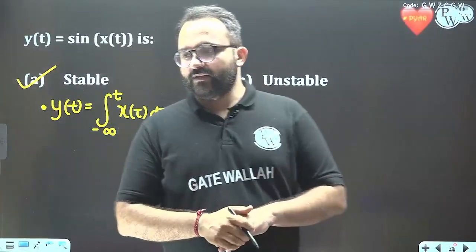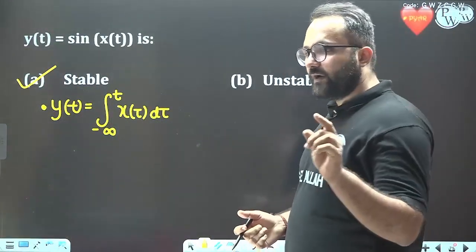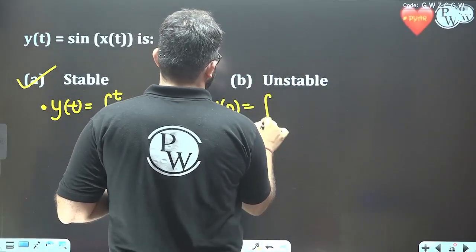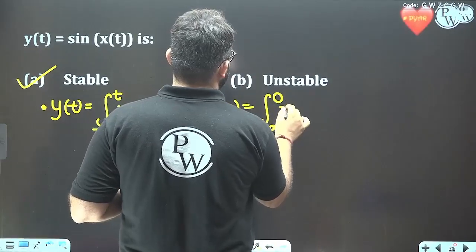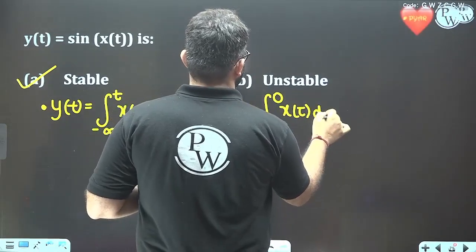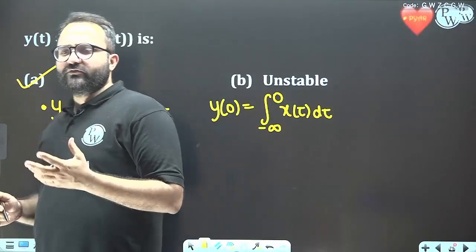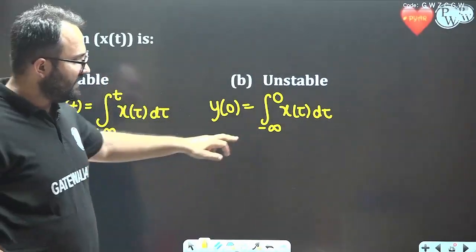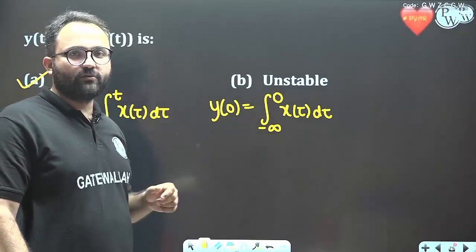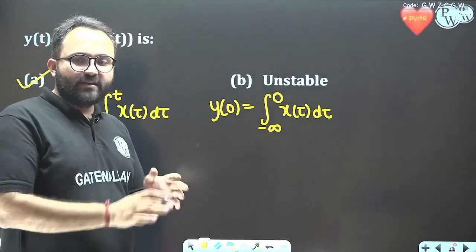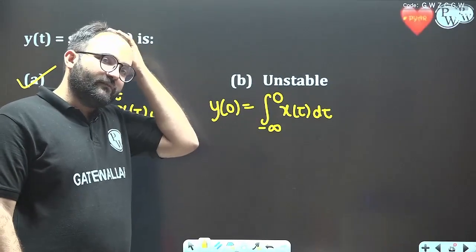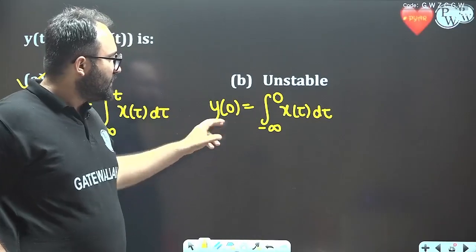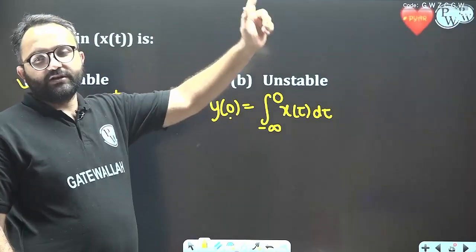In this case, if we want to find y(t) at any time instant, for example y(0), then y(0) is the integral from minus infinity to 0 of x(τ) dτ. Since the input has a finite value but we are integrating it from minus infinity to 0, we are integrating the input for an infinite duration. Thus, y(0) may go to infinity.